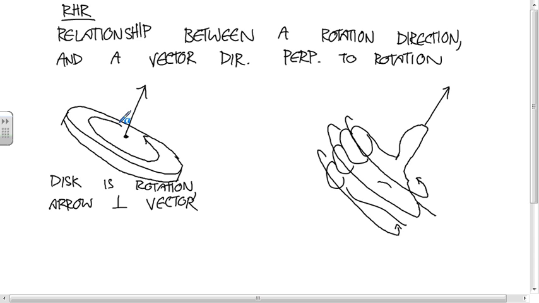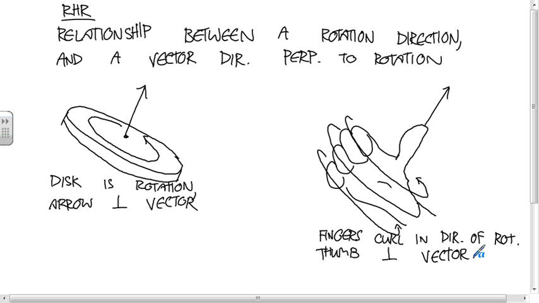And the right-hand rule comes up in, so the fingers curl in the direction of the rotation, and the thumb is the perpendicular vector.